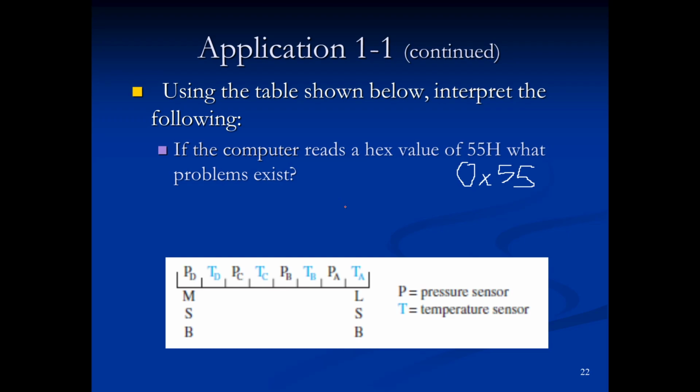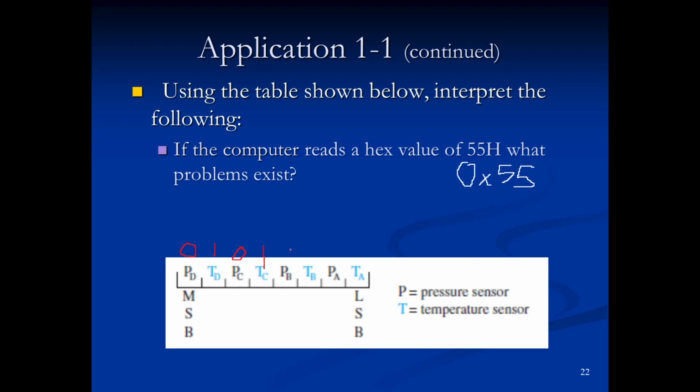Well, we can convert that into a binary number and then do the same thing we did in the last example. So first of all, remember that all we have to do for going from hex to binary is just take each individual hex character and convert it to 4 bits. So for the first digit of 5, it would be 0, 1, 0, 1.